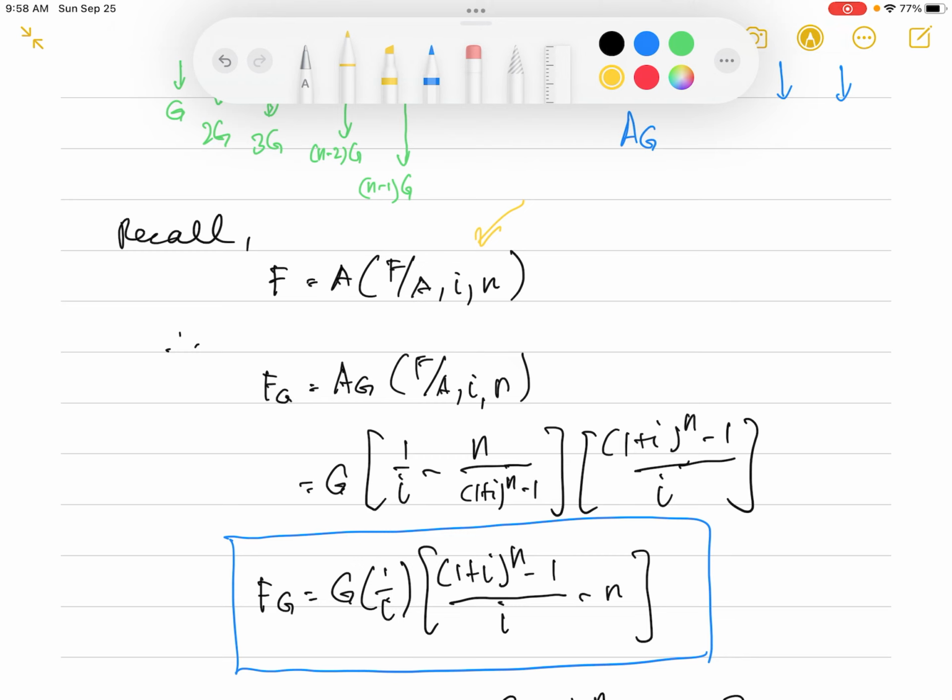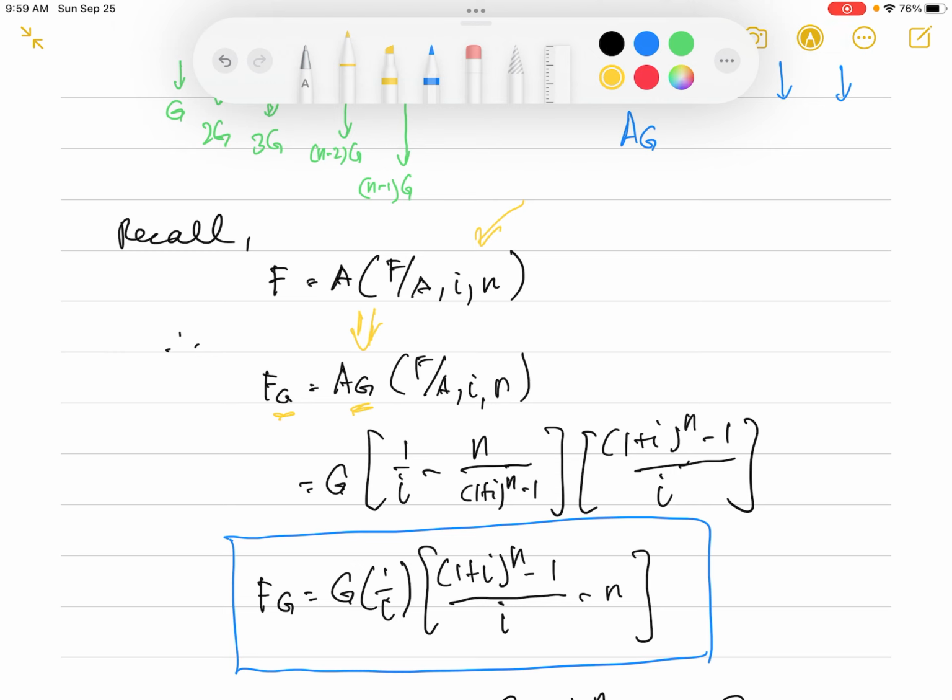So therefore the future equivalent amount of an annual equivalent amount with gradient G is just a similar equation. The difference is just the subscript notation here, G.